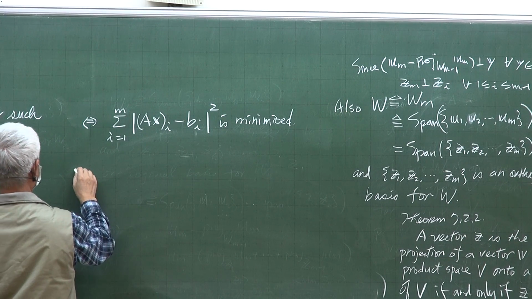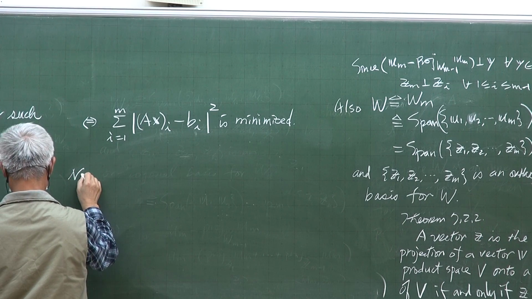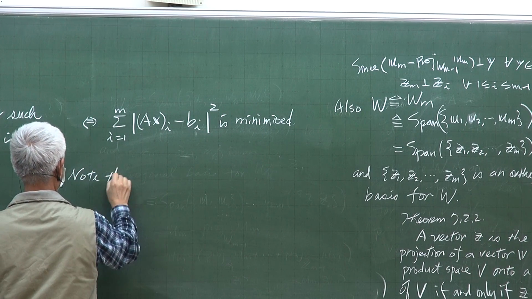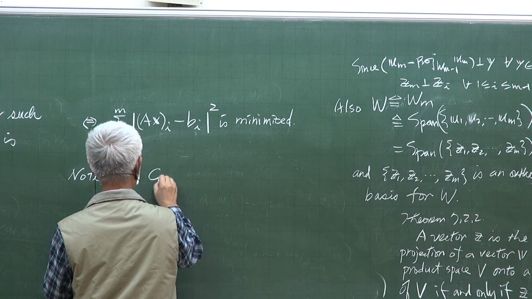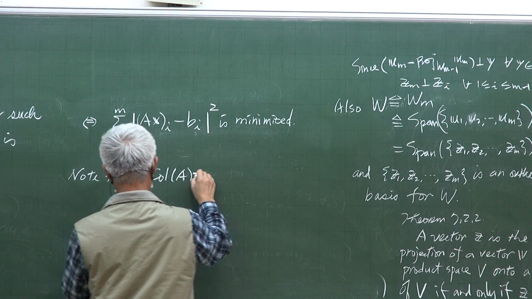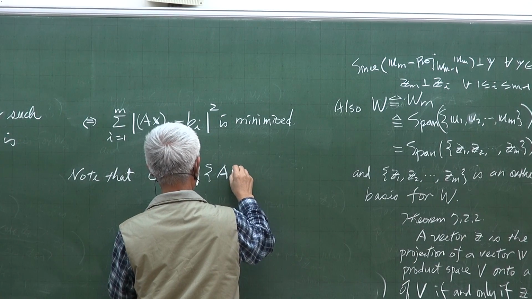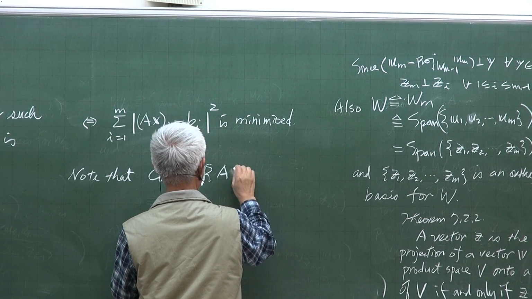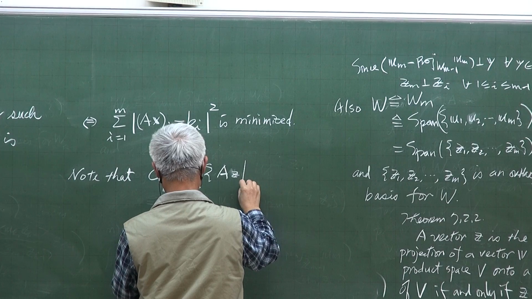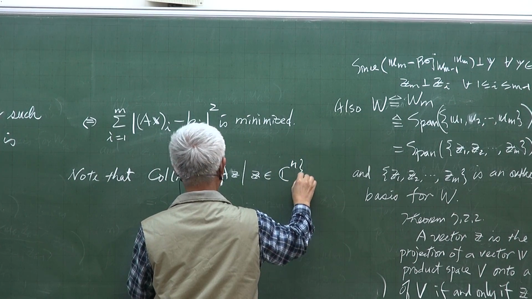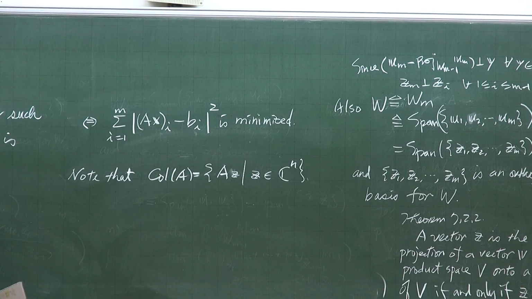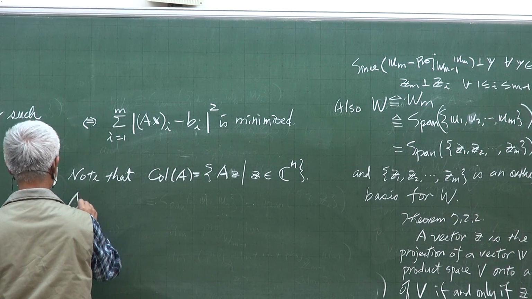Now we know that the column space of A is the set of AZ for all Z in Cn.